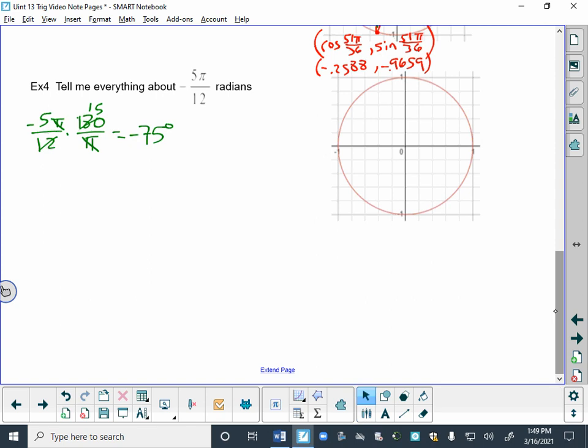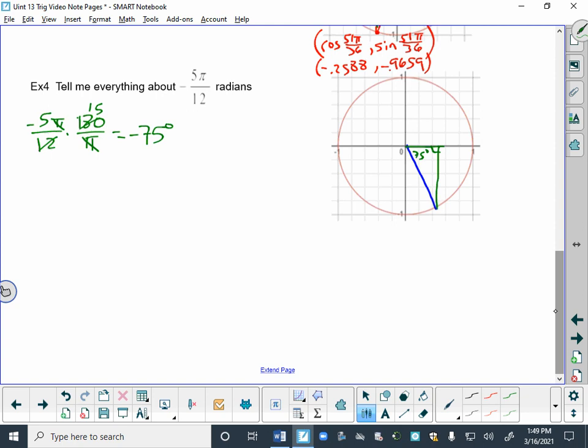So I would be turning clockwise because it's negative. That's 45, this is 90, I'm thinking right around in here, something like that is where my angle is. I can make my reference triangle in here. Okay. That's going to be about a 75-degree angle in there.